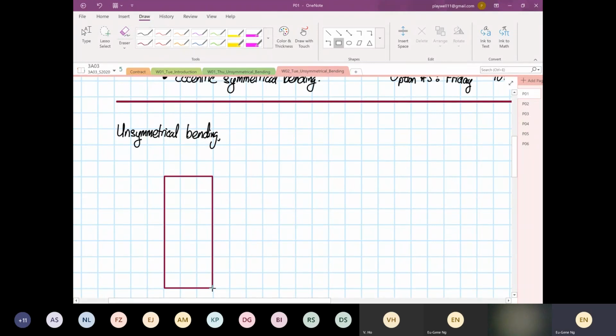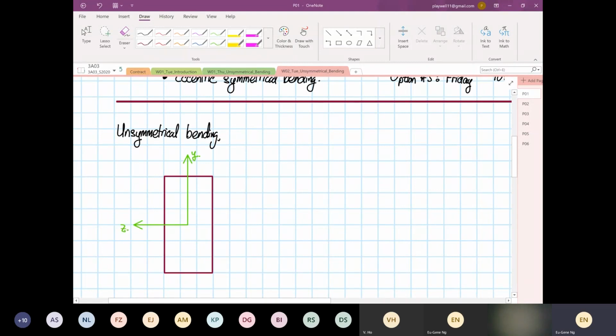This is our structure. And then I'm going to incorporate our transformation. So this is our transformation. So 1 is our Y, and over here is our Z.